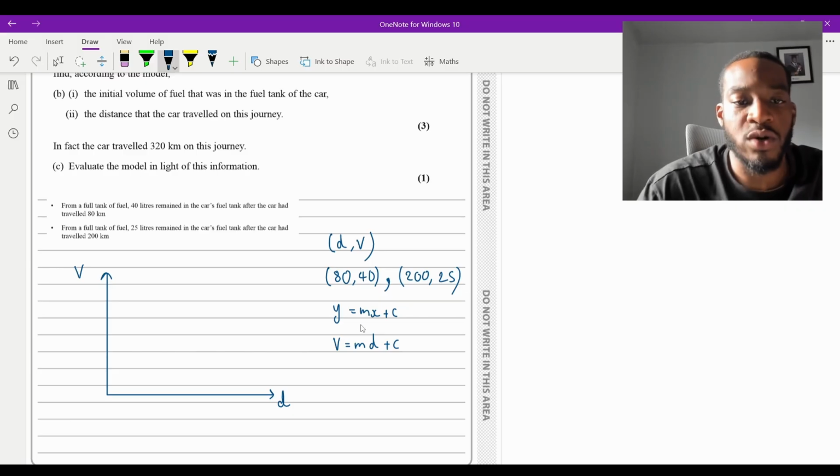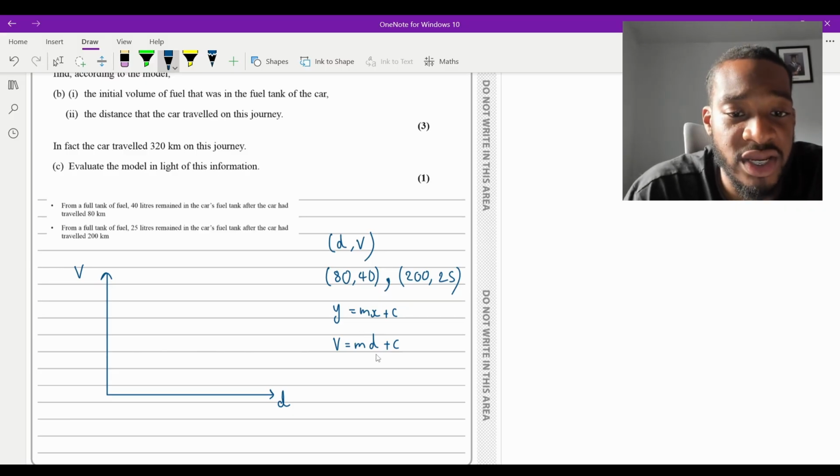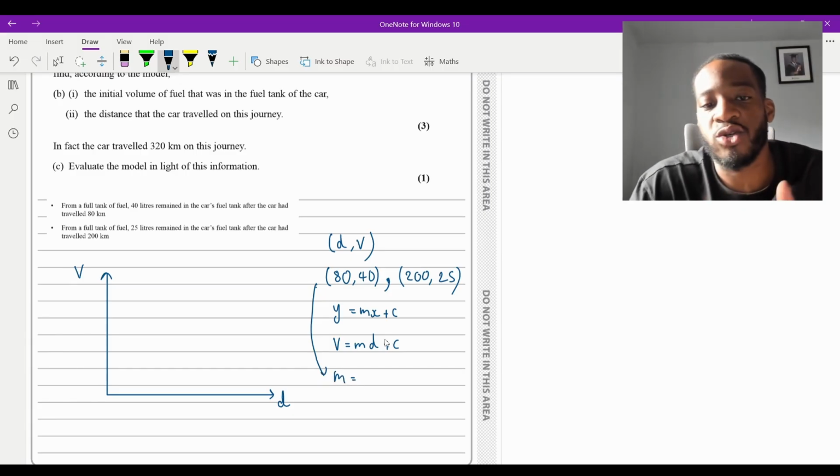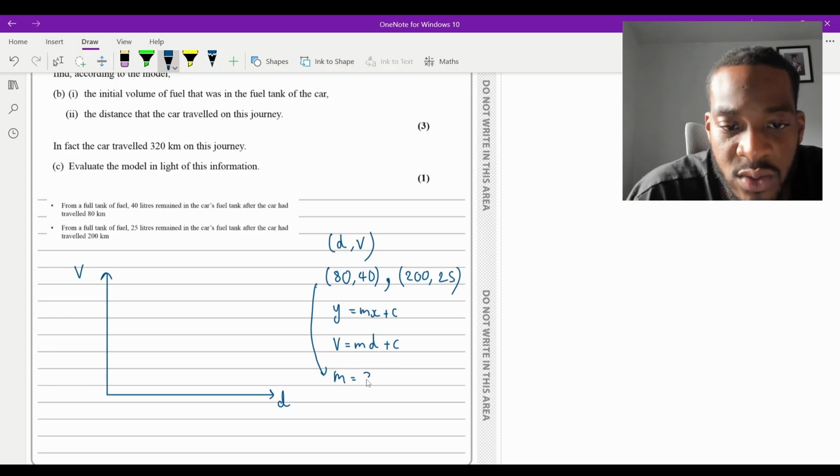Now, how do we do this? Well, firstly, we can figure out what the gradient is, can't we? Because we've got 2 coordinates here. So I'm going to say m is just going to equal y2 minus y1 over x2 minus x1. So it's going to be 25 take away 40 divided by 200 take away 80, isn't it? Like that.